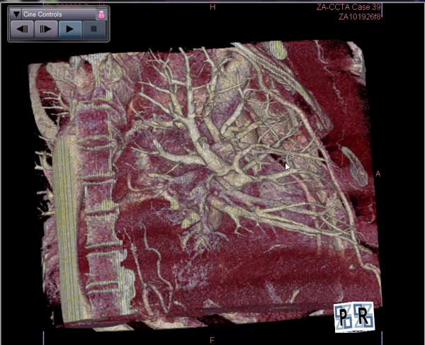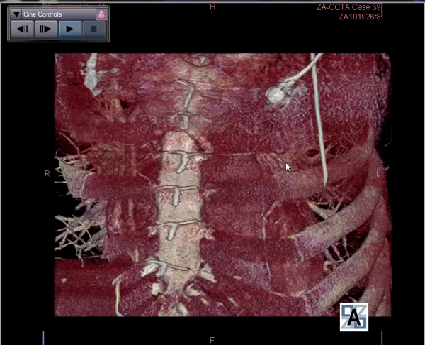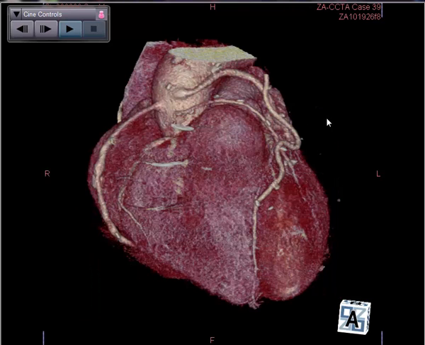So I'm going to switch to an anterior view and then do some sculpting to try to remove the chest wall and also get a little better three-dimensional view of these bypass. I've done now some rather heavy sculpting of these areas to get a better look at the bypass grafts.